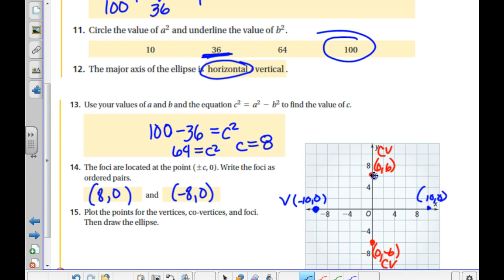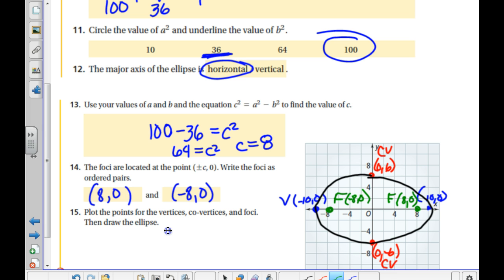So they are at the square root of 36, so plus or minus 6. Anybody have a question?